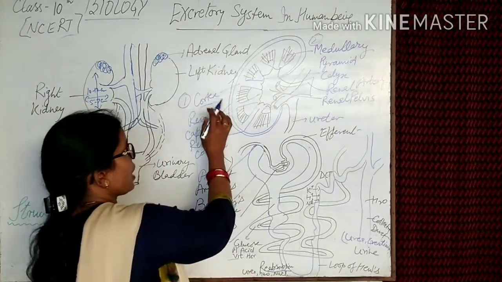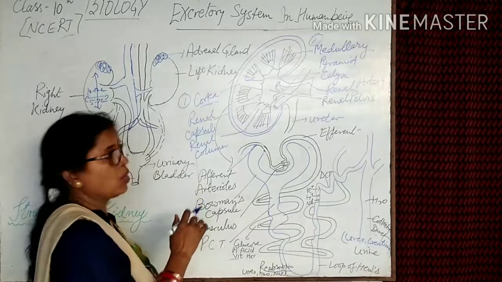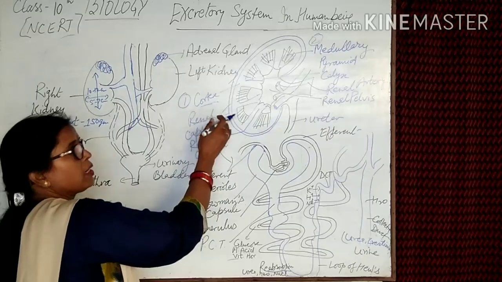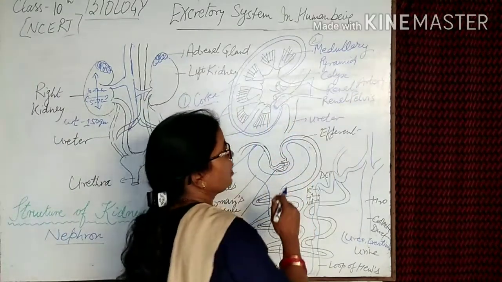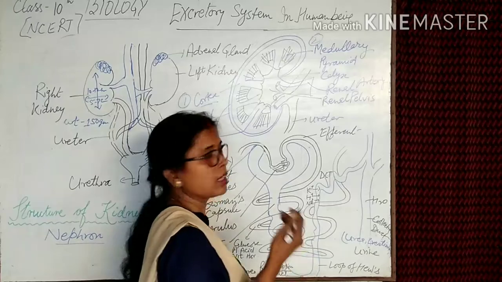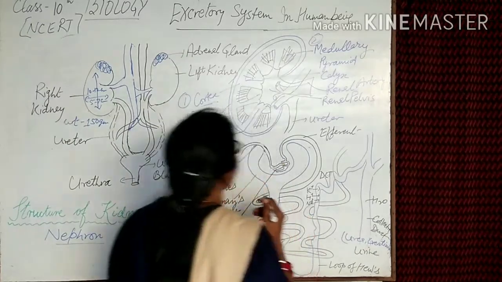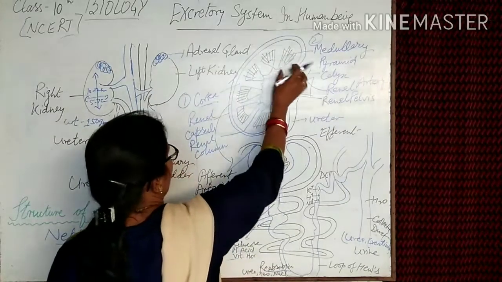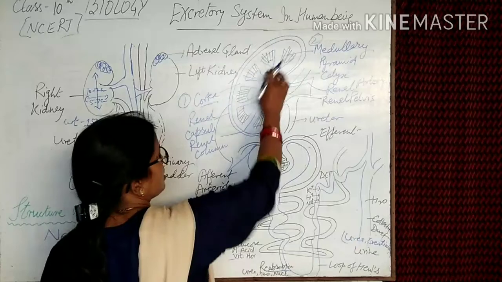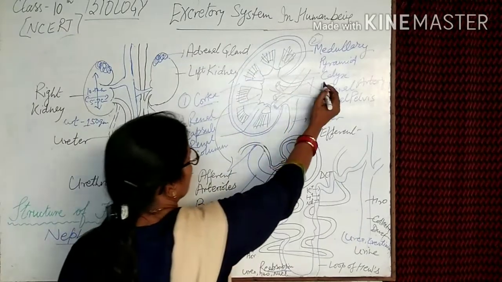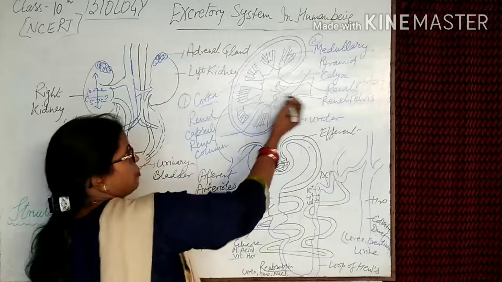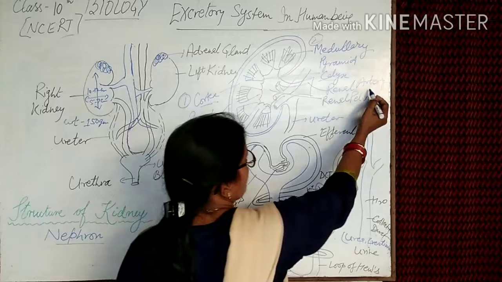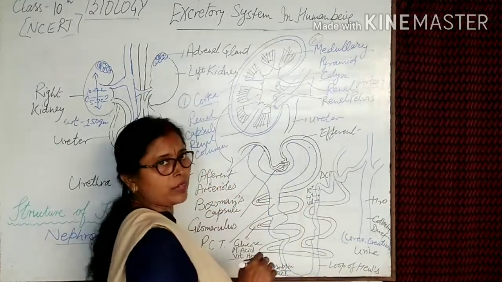First, inside the cortical region, the cortical nephrons, and the other, the medullary ones, are juxtamedullary nephrons. The sac-like, conical chamber-like structure is known as the calyx. The pyramidal structure is the calyx, and the renal arteries distribute fresh blood.